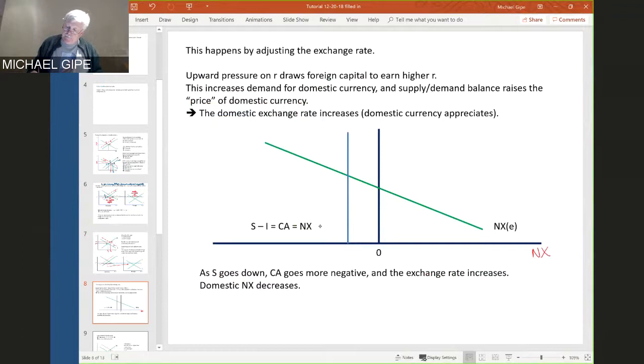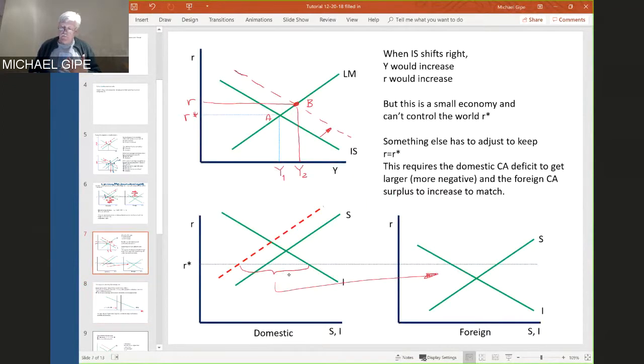And so what's happening here, this vertical line, the blue line, happens to be the case where we have a current account deficit. So we're in the negative region. And that line represents the current account, savings minus investment, the difference between the two. As we shift S down, savings goes down, the current account goes more negative. As you can see here, it goes from that width to the wider width.